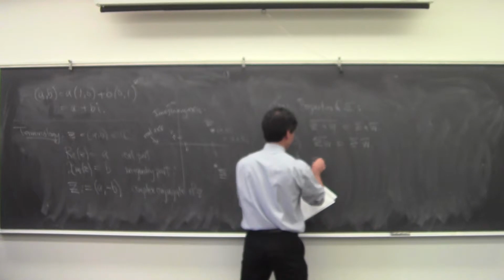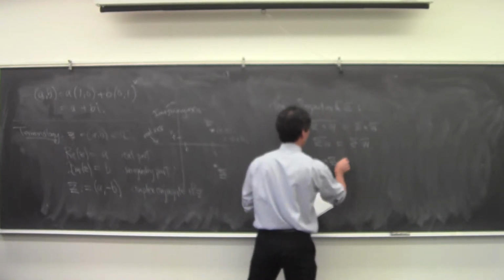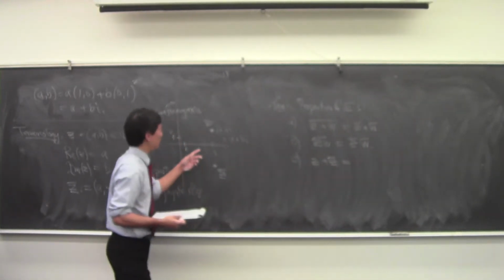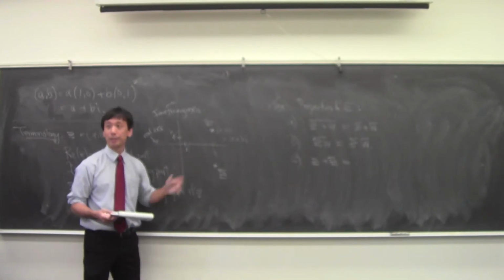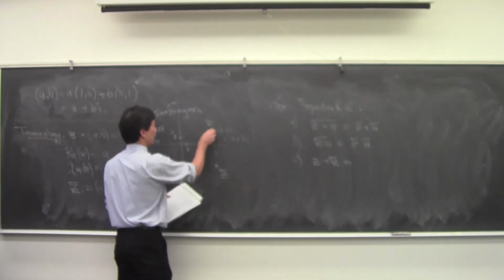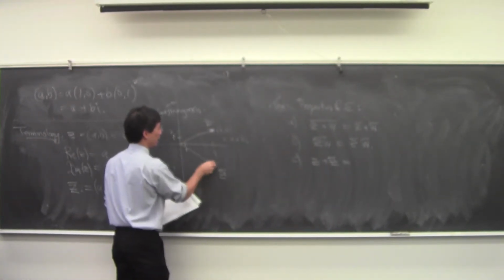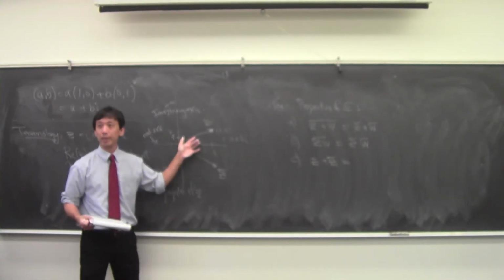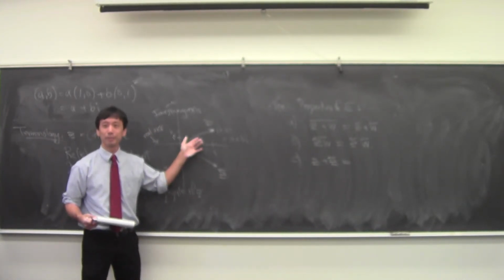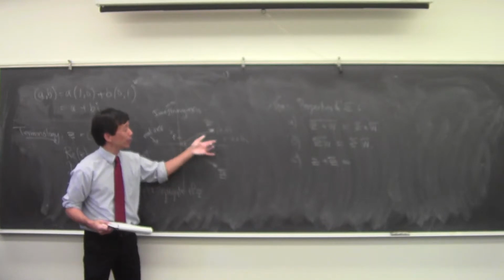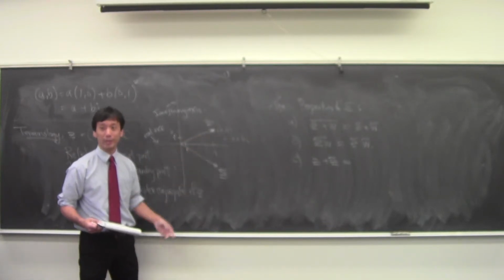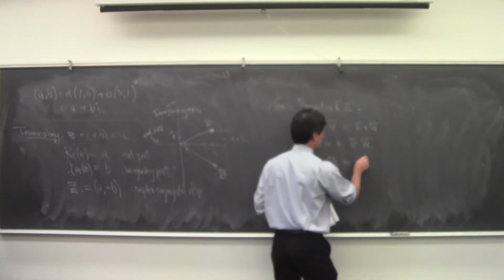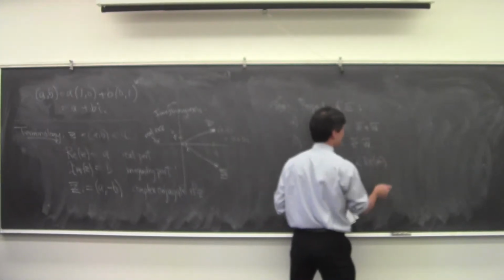If you take the sum of a number and its complex conjugate, what do you get? I take this guy, and I add on to it that guy. You get twice the real part of z.